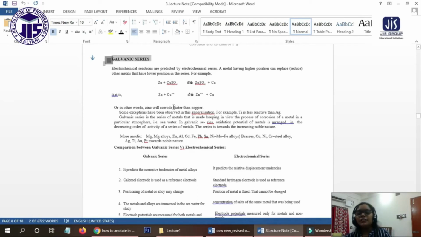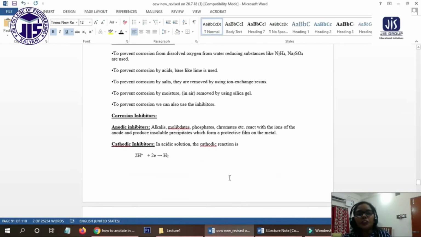In the galvanic series, the metals are arranged according to their oxidation potential. Higher the oxidation potential, higher will be the tendency to corrode. These are some of the series that we have discussed. Next we discussed the prevention procedures.